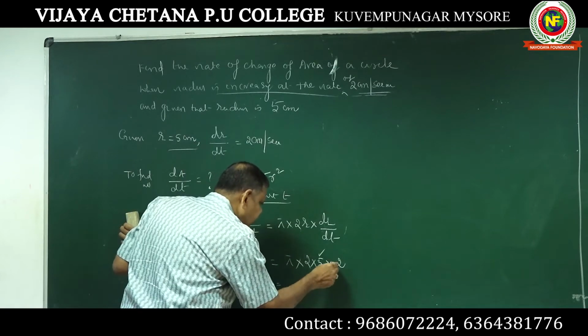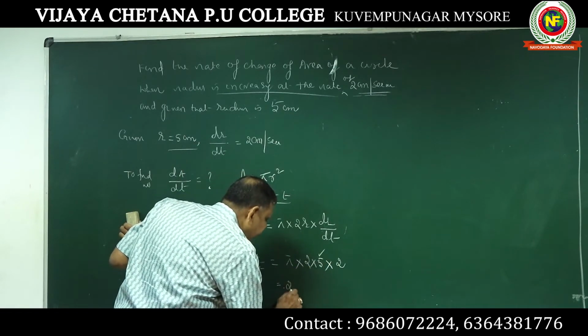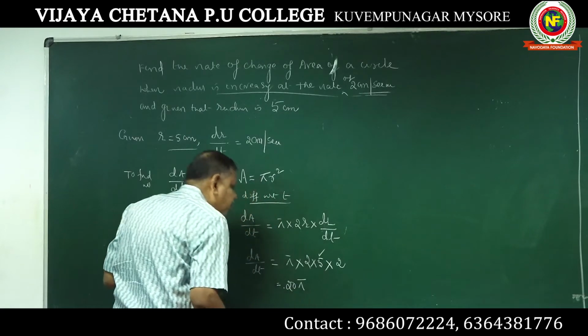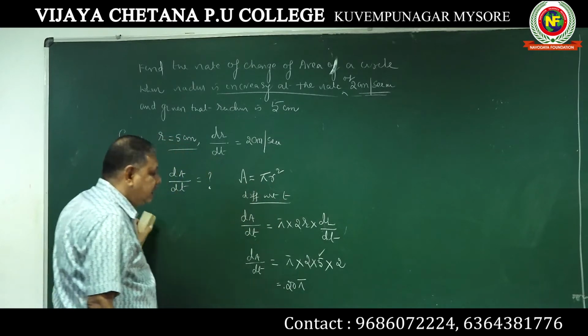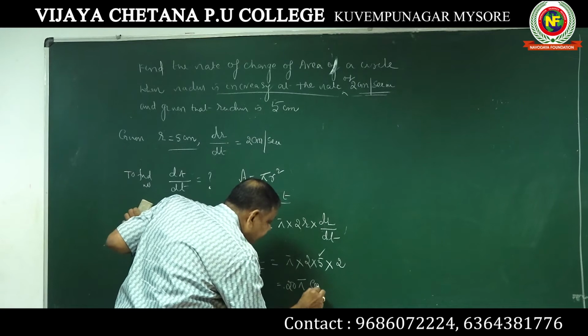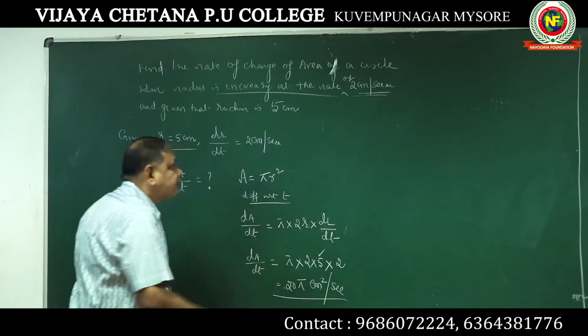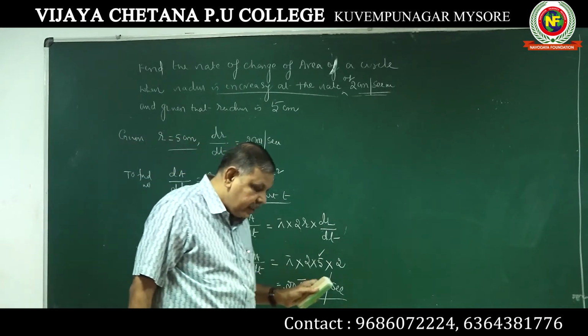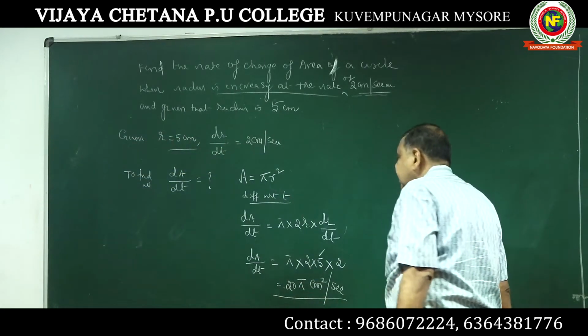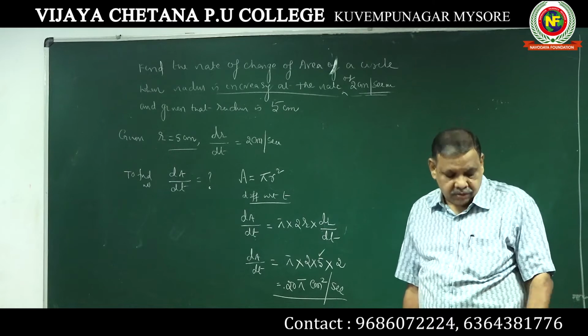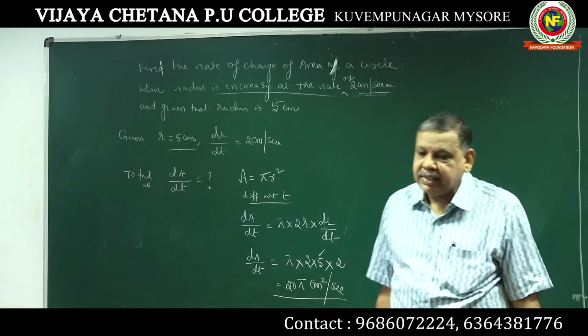Here pi into 2r into dr by dt, 2 into 5 radius and dr by dt 2. This is 2 fives are 10, 10 twos are 20 pi. Here, very important, one mark for keeping the units: centimeter square per second. If it is area you should write centimeter square per second, if volume then cubic centimeter per second.